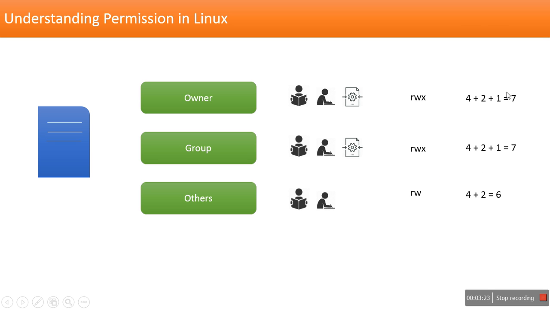So in numeric notation all those are added for every category. For the owner, having three permissions, these three numbers are added and we get 7, and here we have 6. So the permission for this file is 776. It's up to you how you want to specify permissions for a file. You can use numeric notation, or you can use RWX.